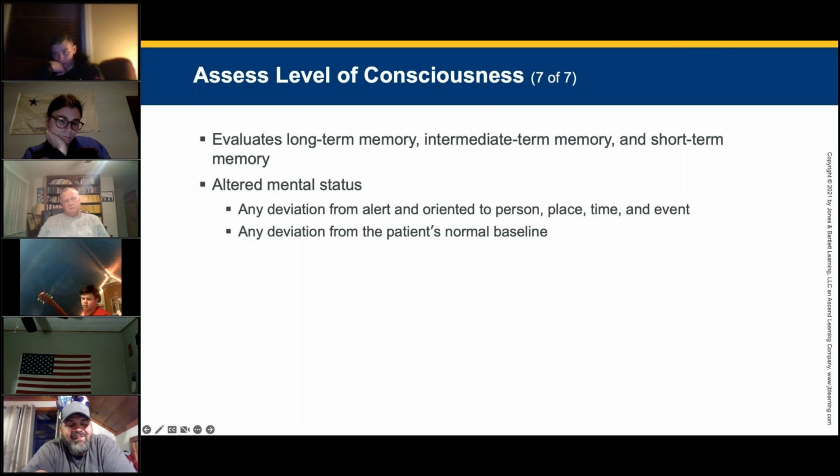So we would consider any deviation from alert and oriented to person, place, time, and event to be considered altered mental status. However, you have to consider the patient's normal baseline. If you're dealing with an elderly person who may have some dementia, Alzheimer's, any of those things, you have to consider that.